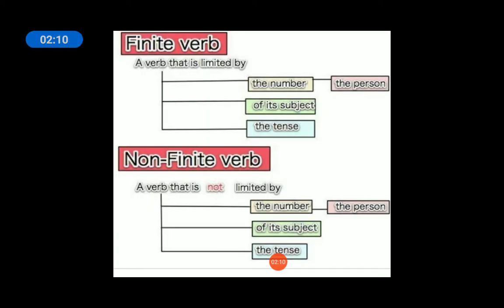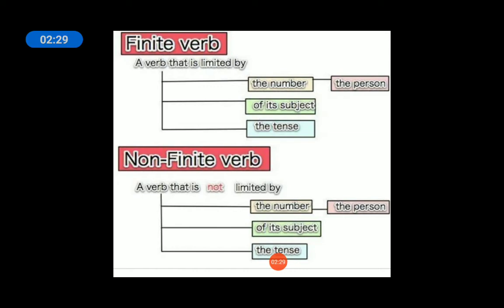First of all, let me tell you a broader definition of finite and non-finite verbs. A verb that is limited by the number and the person of its subject, and by the tense of the sentence, is called a finite verb.